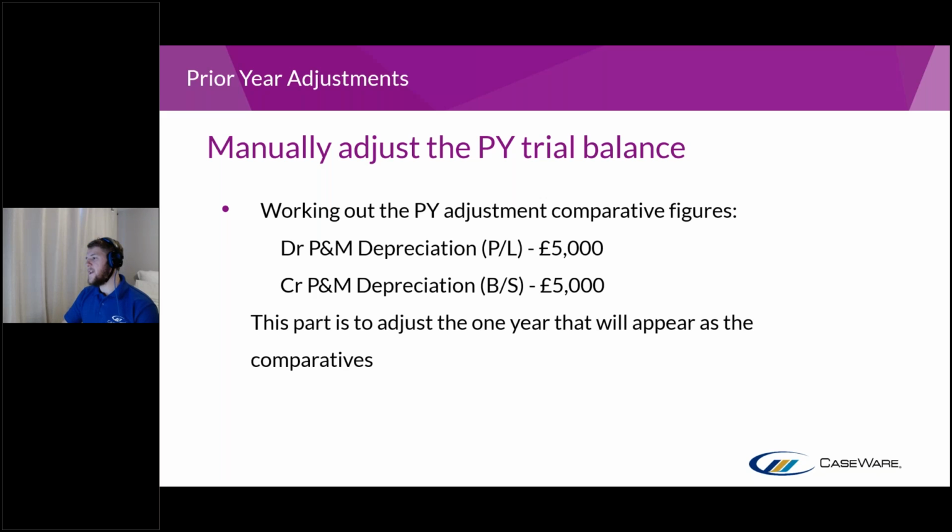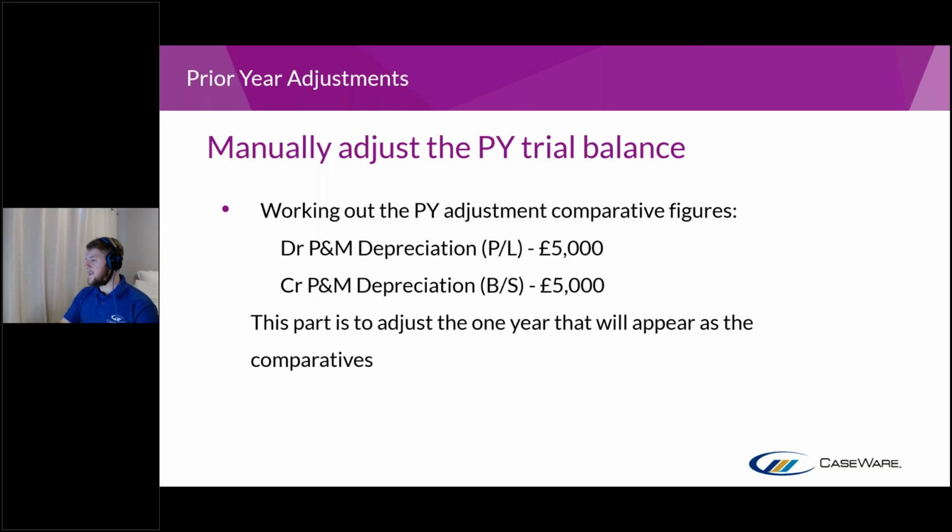Okay. Now, what we're going to do for that part of the journal is just a simple debit the depreciation in the P&L because the cost is going to increase for that one period only, and we're going to credit the balance sheet side of the depreciation by 5,000 each. Okay, and that's just to show the effect on the comparatives in that 1 year only.